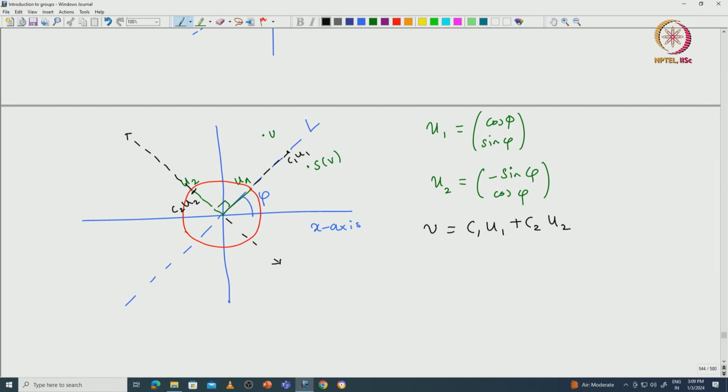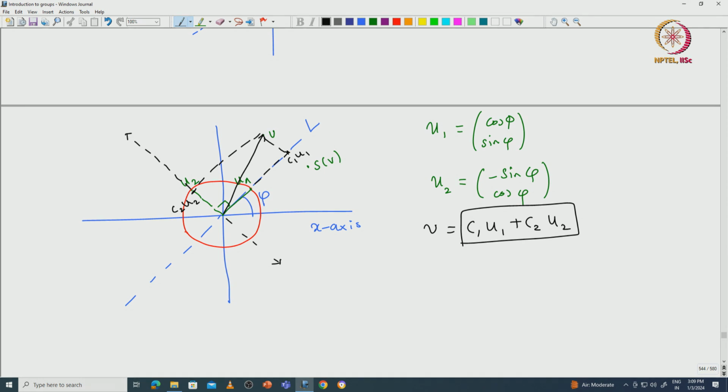Now you are interested in computing what V will be. This is your vector V. Because V is obtained from summing C1 U1 plus C2 U2, this is the parallelogram that you get. So, this is the complete parallelogram.